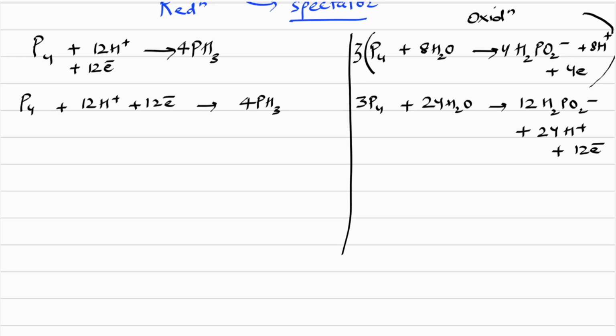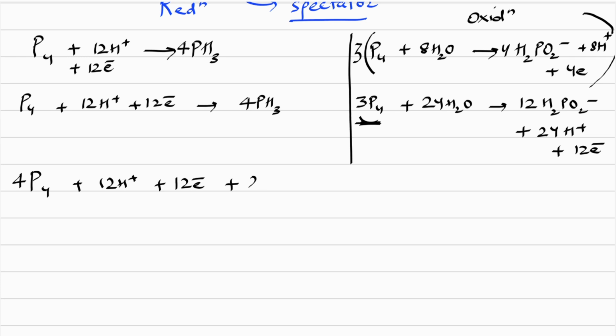Okay, now we add the 2 reactions. For doing so, I'll take the reactant of here, P4 plus 12 H plus 12 electrons, plus the reactant of the oxidation half reaction, which has 3 P4 here. So I'll just make it 4 P4.